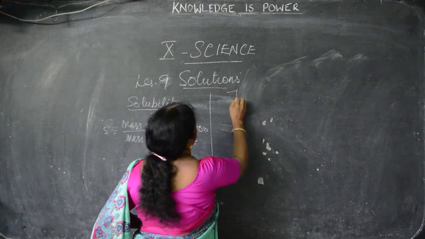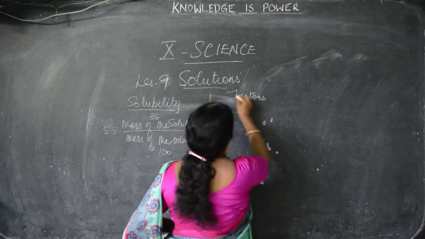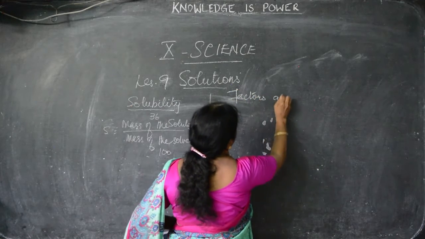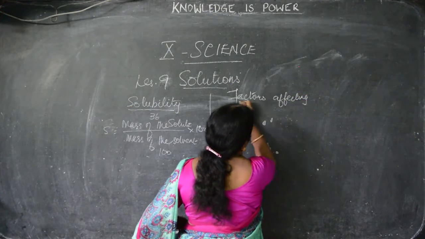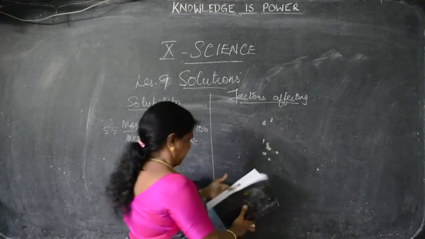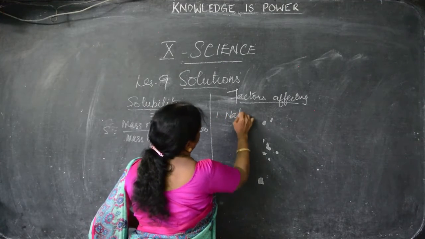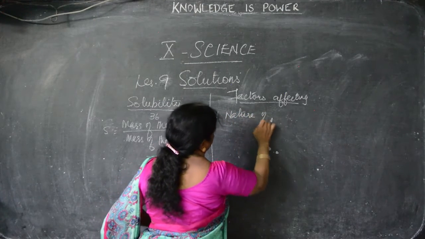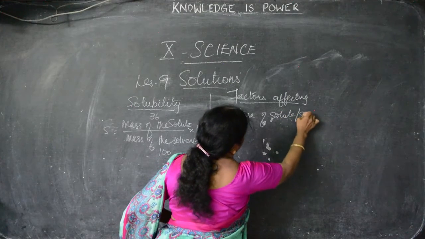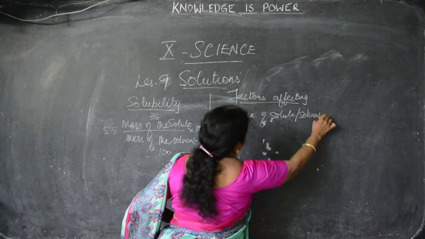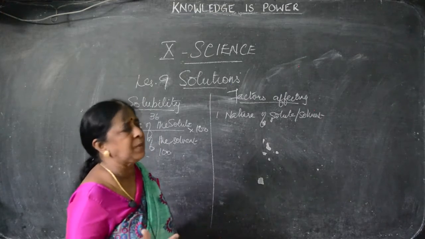Now we have to see the factors affecting the solubility. It doesn't mean that solubility will always be the same. By what is it affected? First one, nature of the solute and solvent. Nature means either it may be in the form of solid, liquid, like that.